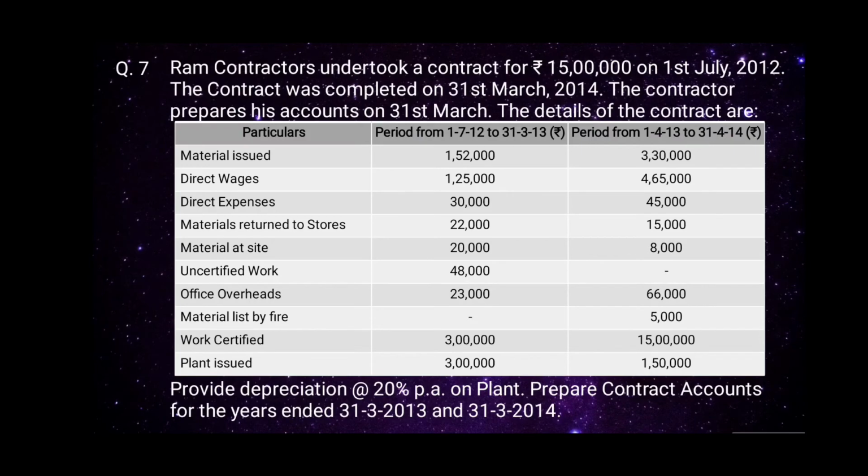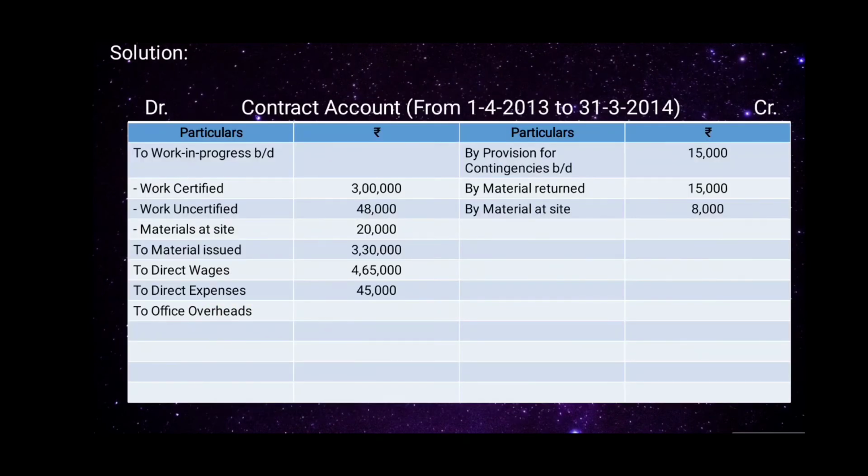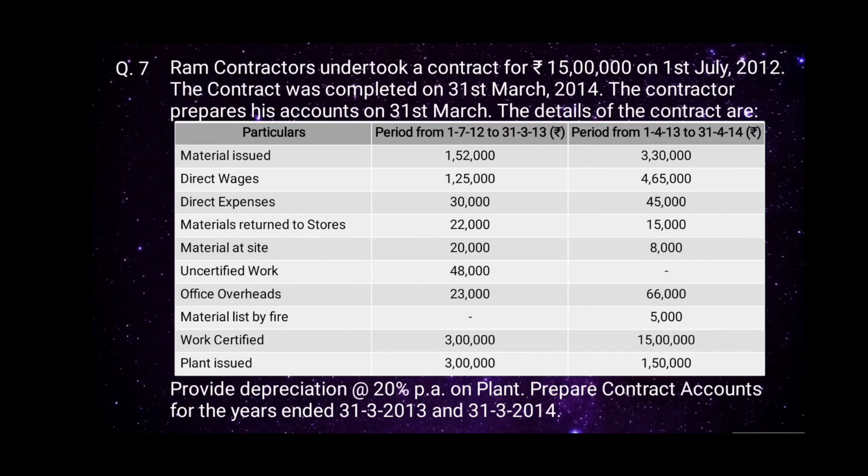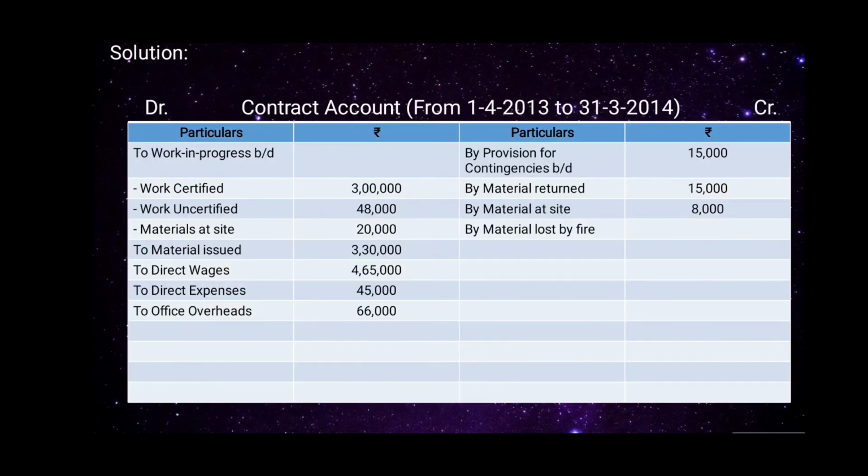Next, we'll record office overheads, which is 66,000. To office overheads, rupees 66,000. Next, we'll record materials lost by fire, which is rupees 5,000, on the credit side. By materials lost by fire, rupees 5,000.